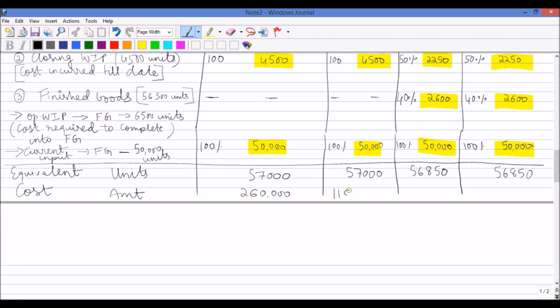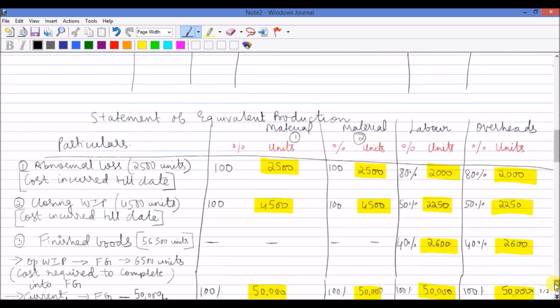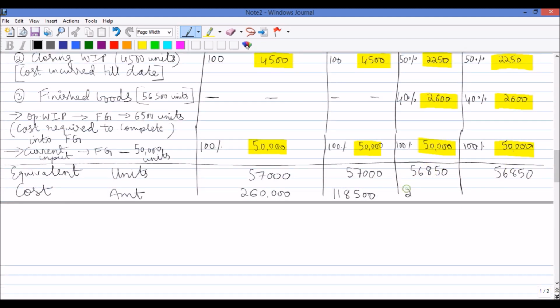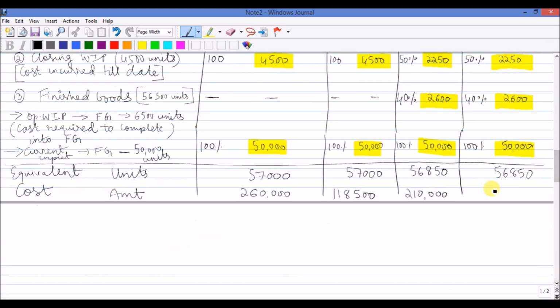Then friends, the labor is costing 2,10,000. And then we have overheads, which is 1,08,000.